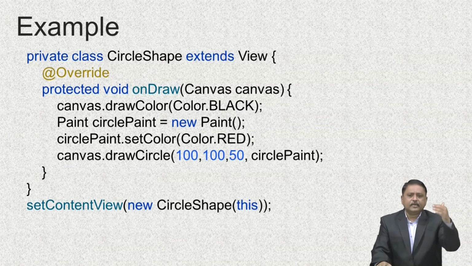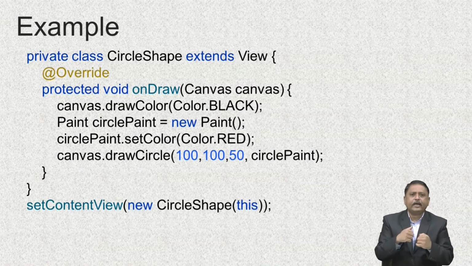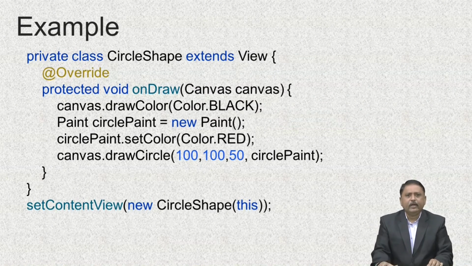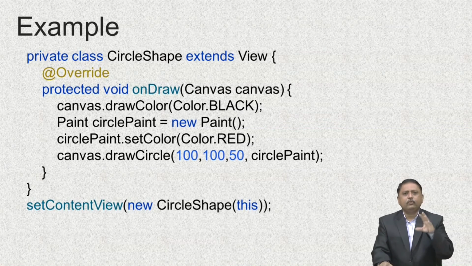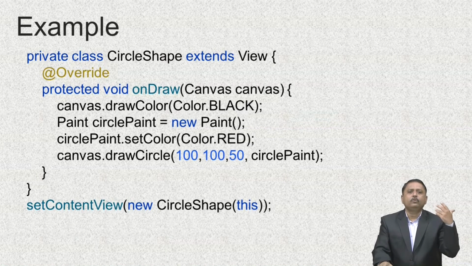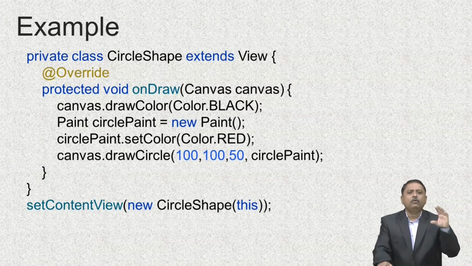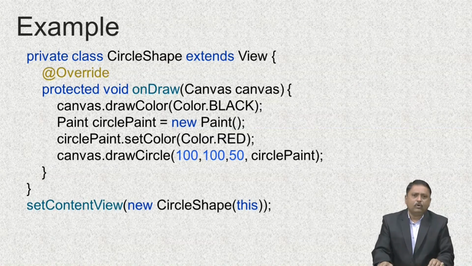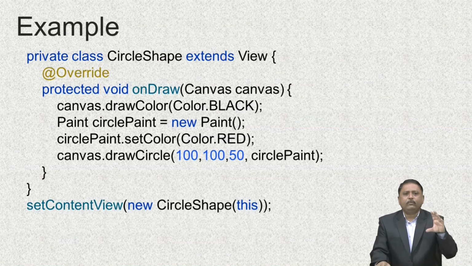These last lines, setContentView, should be written inside the onCreate method of any activity in which you want to set this as the content view. I hope this example clears up how to use view, canvas, and paint, and how to set the content view of an activity as a dynamically created object of the View class.